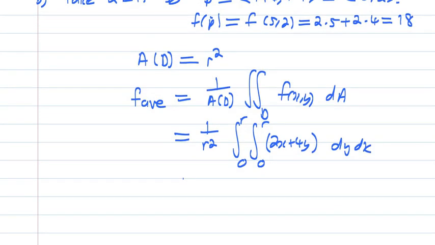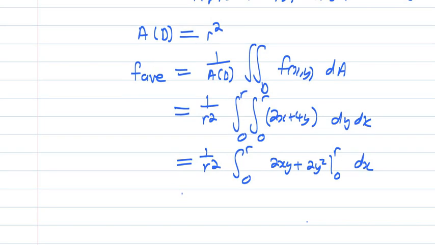Okay, let's do this maths. So 1 over r squared, we integrate from the inside. So the integral of 2x becomes 2xy, the integral of 4y becomes 2y squared, the bottom bound is 0 for y, and the top bound is r for y, dx. And so it is 1 over r squared. If I plug in y is naught, I get naught. If I plug in y is r, I get 2rx plus 2r squared, dx.